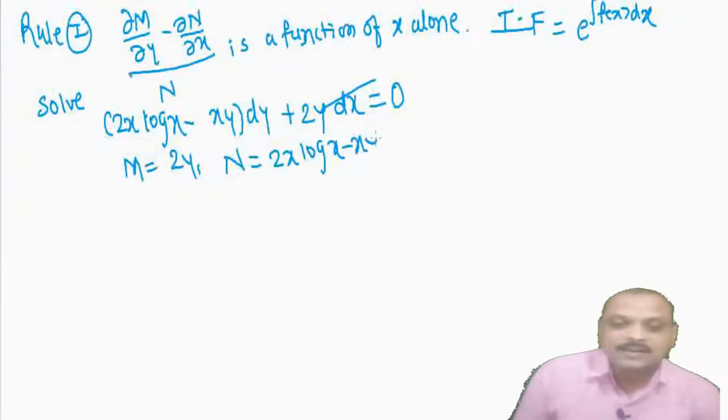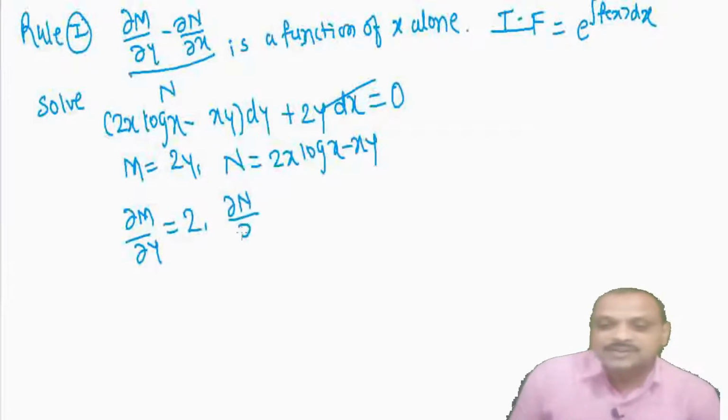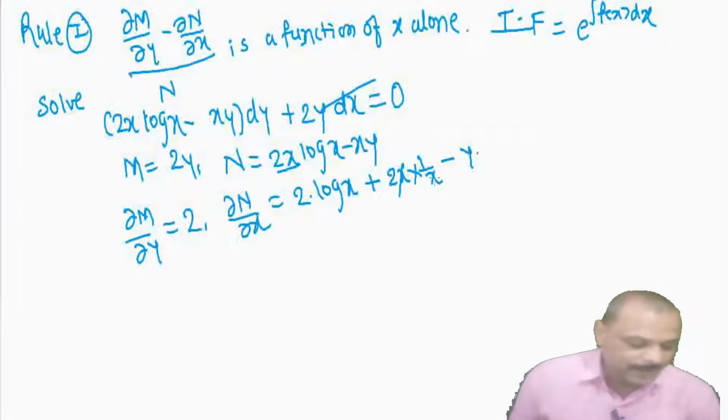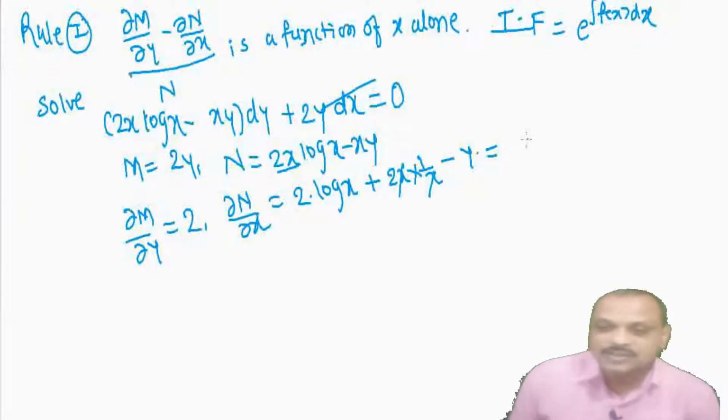Now del M by del y is equal to 2. Del N by del x: the derivative of 2x is 2 into log x, plus 2x into the derivative of log x, 1 by x, minus xy, where y is constant, so the derivative gives y. You can see that this x will get cancelled, and we have 2 common, giving 2 times 1 plus log x, minus y.